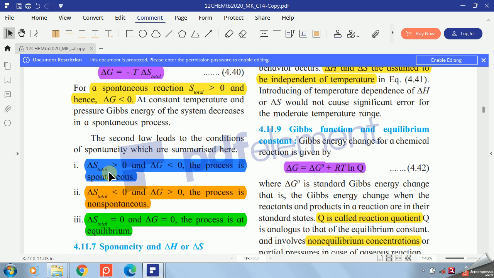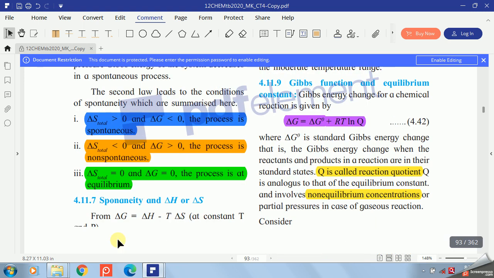For a spontaneous reaction, you have to remember that delta S total is greater than 0 and delta G is less than 0. If delta S total is less than 0 and delta G is greater than 0, it is non-spontaneous. And if both are equal to 0, then the process is at equilibrium.